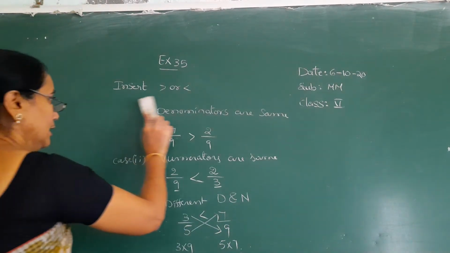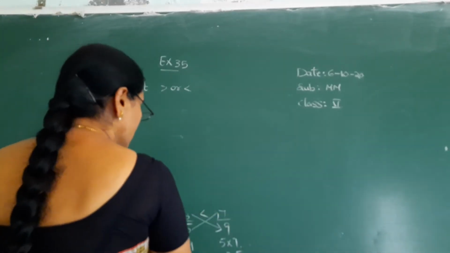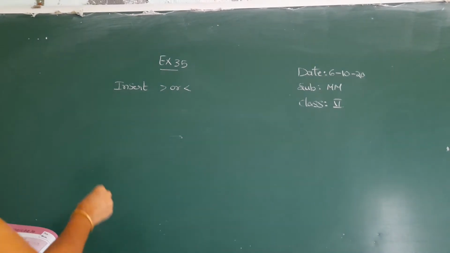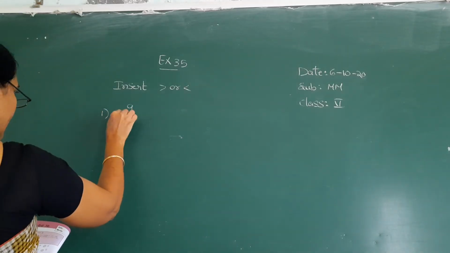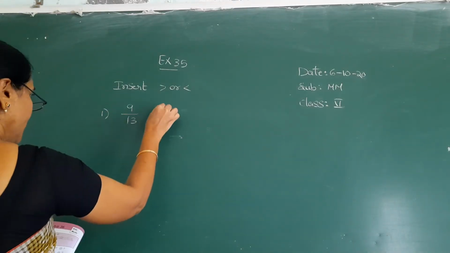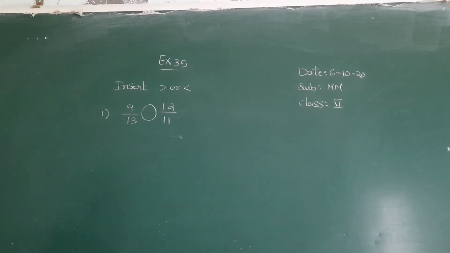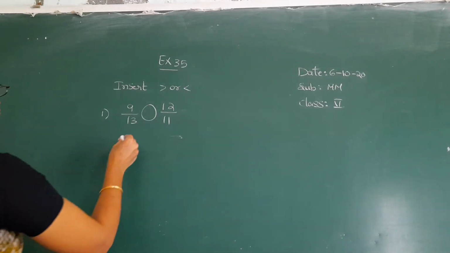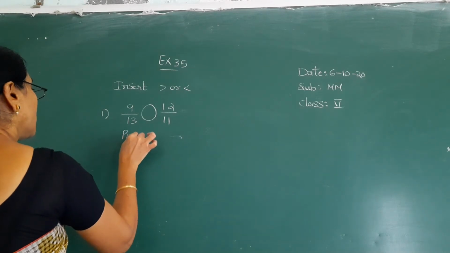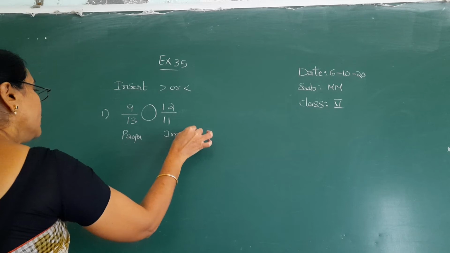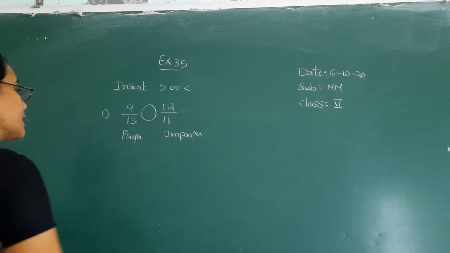See here in exercise 35 all the questions are to compare the fractions. Okay, let's see the first question. 9 by 13, 12 by 11. And one more case is there, every proper fraction is always less than the improper fraction. Here it is proper fraction and it is improper fraction. First of all you have to observe the type of fraction.